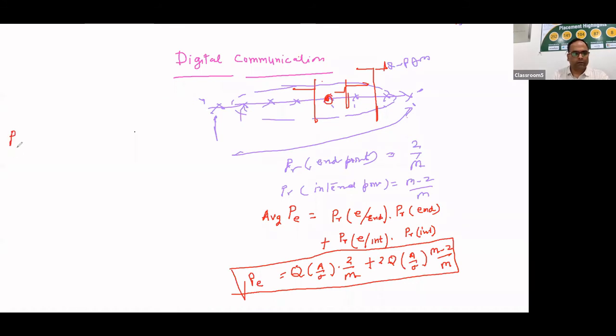Probability of error is equal to Q(A/σ). We can take Q(A/σ) common. So what will be in the bracket?